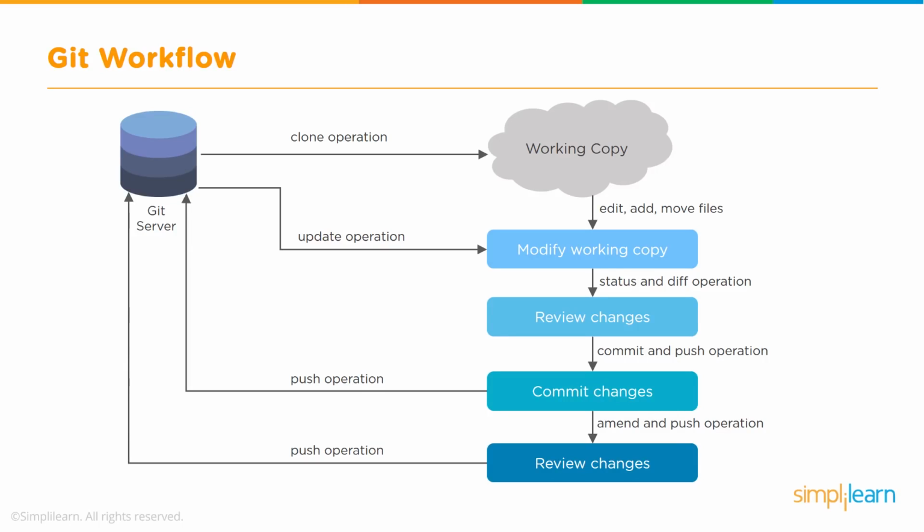And as soon as you push them to the remote server, those changes then become available to everybody else working on the project. So they can be constantly kept updated on all the work that is happening.